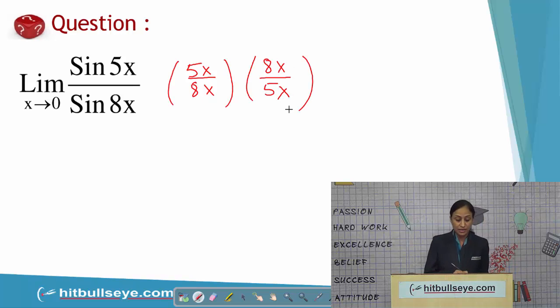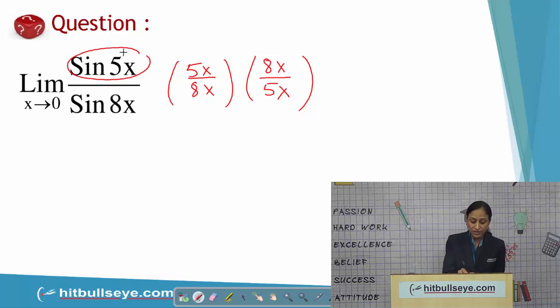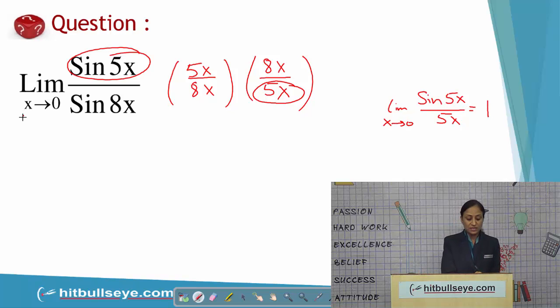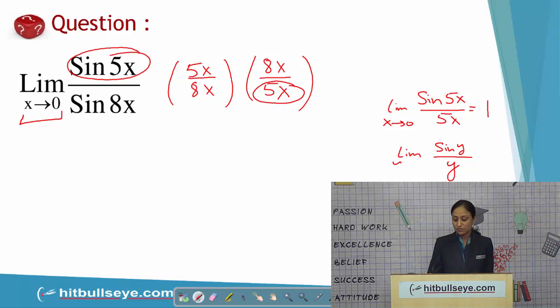Now you can see that this sin 5x and this 5x are making a pair to give the answer of the limit as equal to 1. Why? Because when x approaches 0, 5x also approaches 0. So this is nothing but a question of the type sin y upon y, limit y approaches 0, that we just discussed, which is nothing but 1.